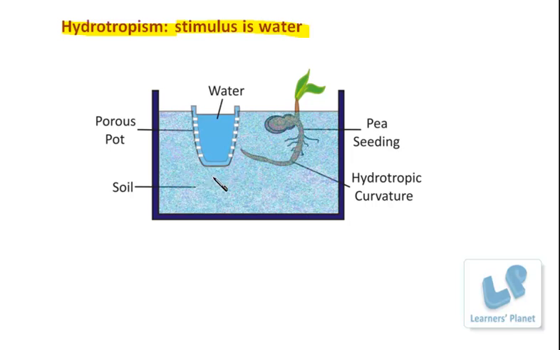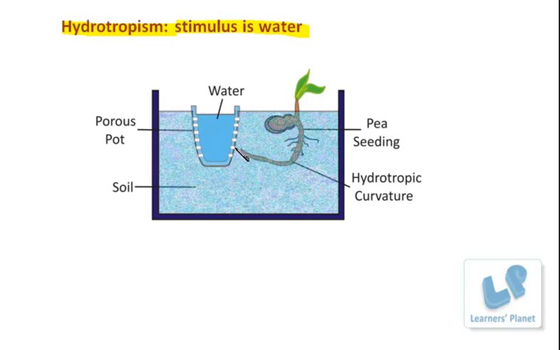In this particular dry soil, a porous pot has been placed. We have not directly added water to the soil, but we have kept one porous pot in it. In the other nearby region, the pea seed has been sown. Now the pot is filled with water.